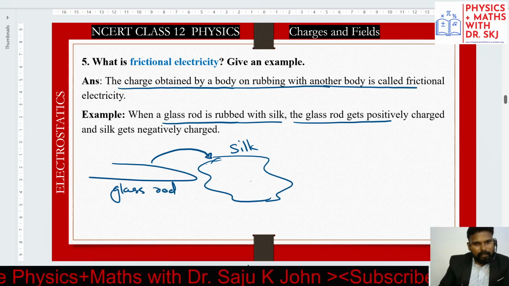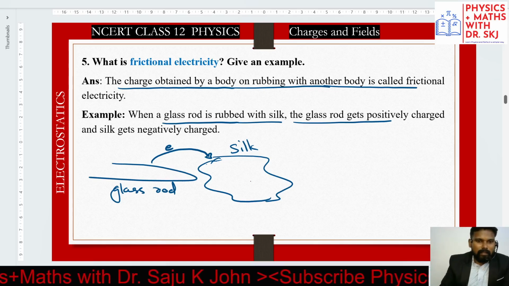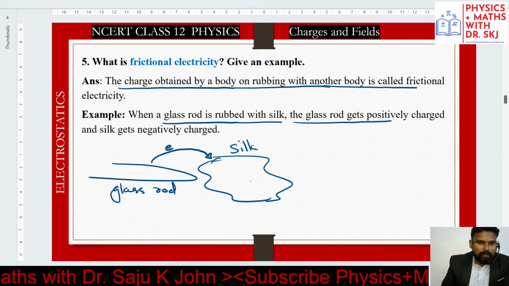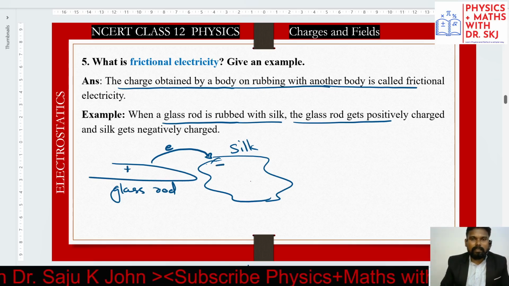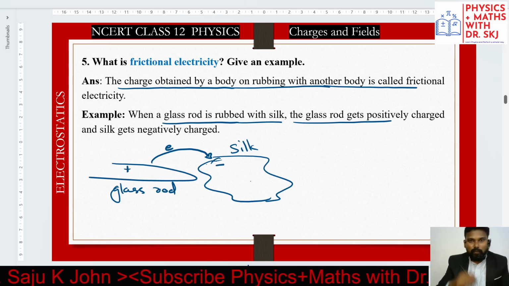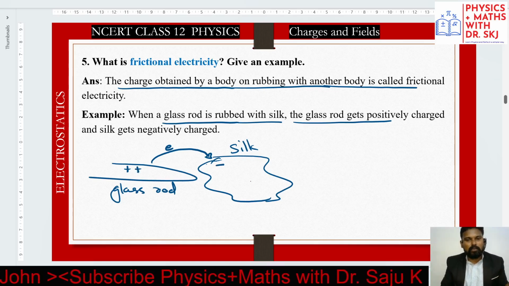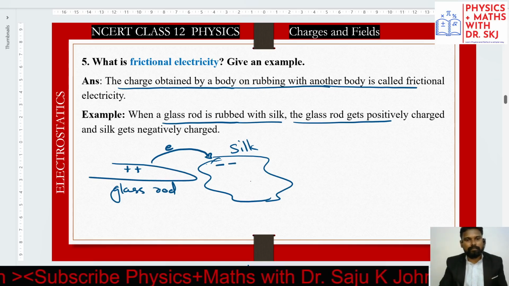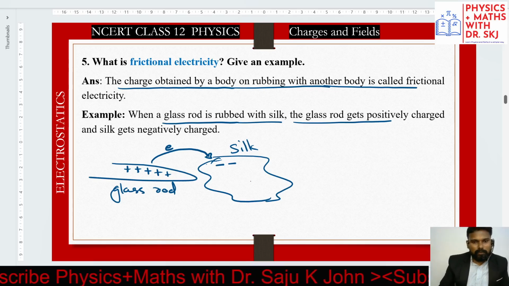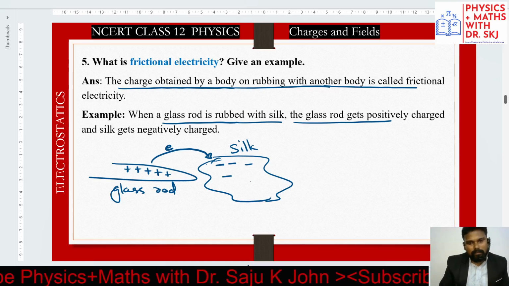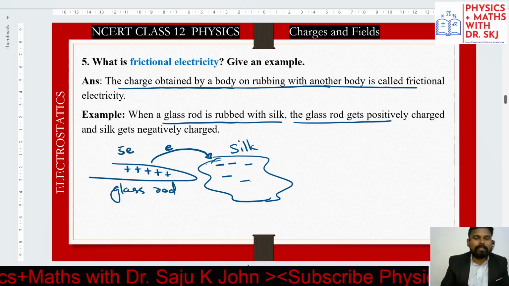Since electrons are moving from glass rod to silk, when one electron moves from glass rod to silk, the glass rod gets one positive charge, and the silk gets one negative charge. If two electrons move from glass rod to silk, the glass rod gets two positive charges, silk gets two negative charges, and so on. Suppose five electrons have moved from glass rod to silk, then the glass rod will get 5 e charge.